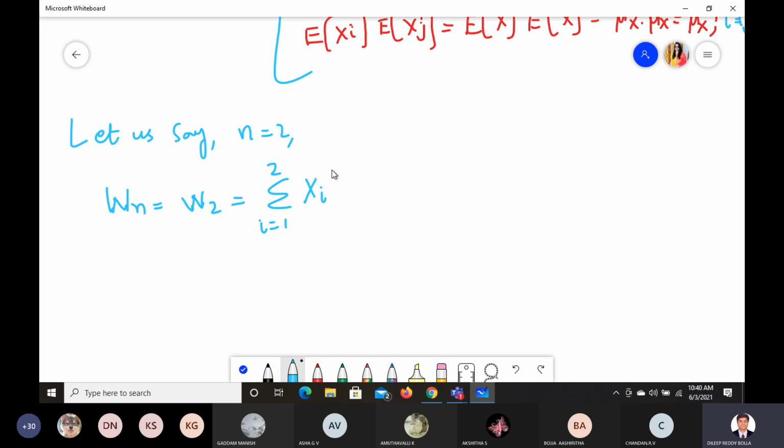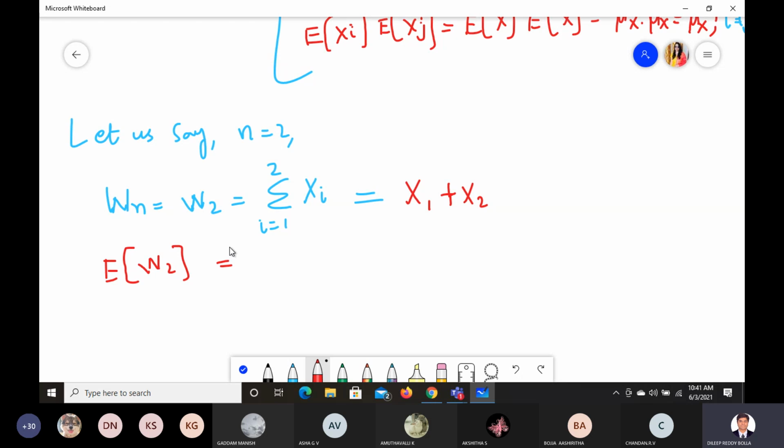If you expand this, what will happen? We get x1 plus x2, correct? So now, how to find the expectation of W2?